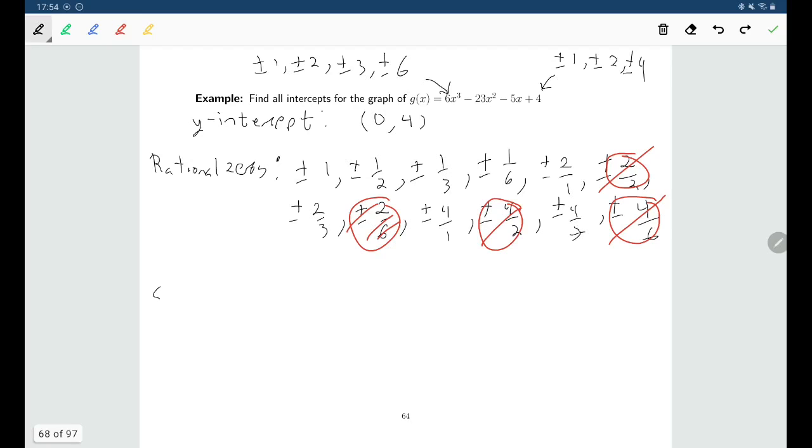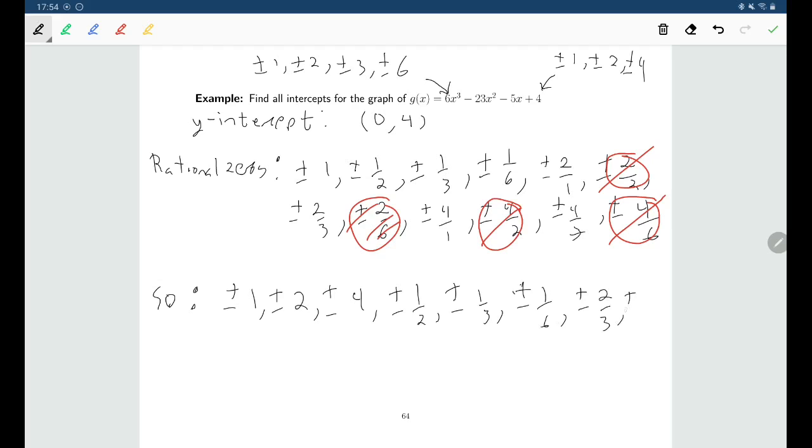So really, the long list of rational zeros is plus or minus 1, 2, 4, a half, a third, a sixth, 2/3, and 4/3. So that's my long list of possible rational zeros.